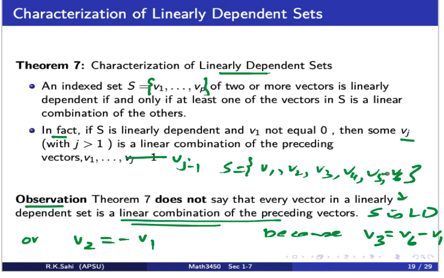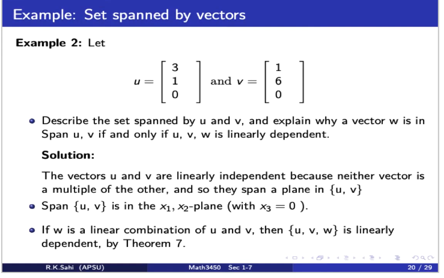Let's look at an example. If I have two vectors u and v, u = (3, 1, 0) and v = (1, 6, 0), we would like to know about the set spanned by u and v, that means all possible linear combinations.